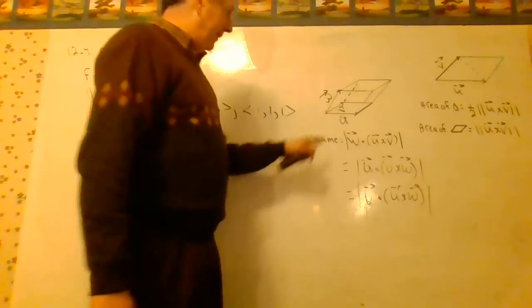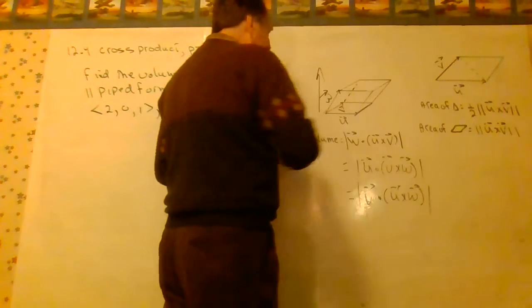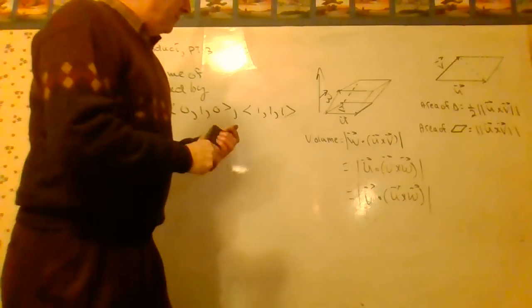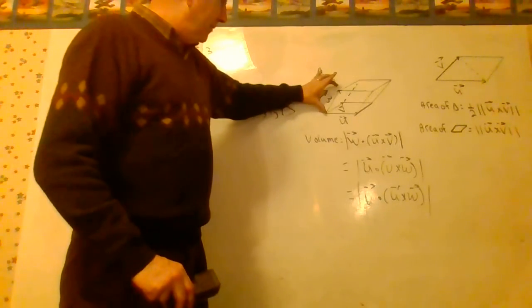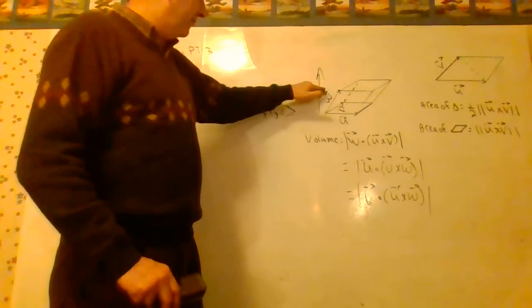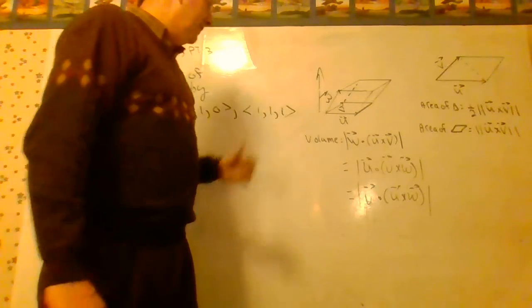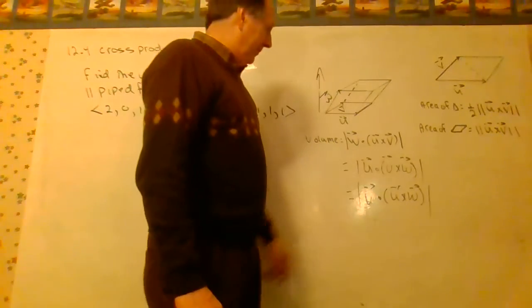And when you dot it, the cross product of u and v will be in this direction, perpendicular. When you dot w on this, we end up multiplying the magnitude of this vector times the cosine, and that gives us the height. So we end up multiplying area of the base times height, and that gives you volume.